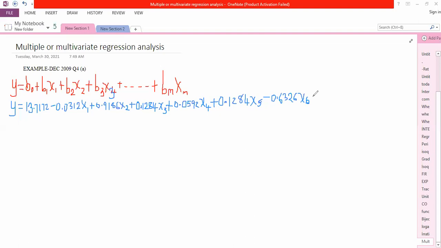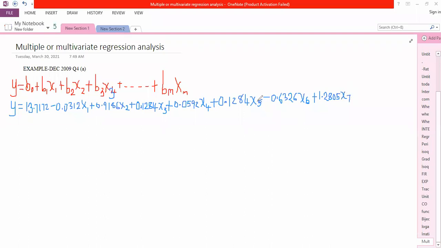And then we have a positive 1.2806, going with x7.